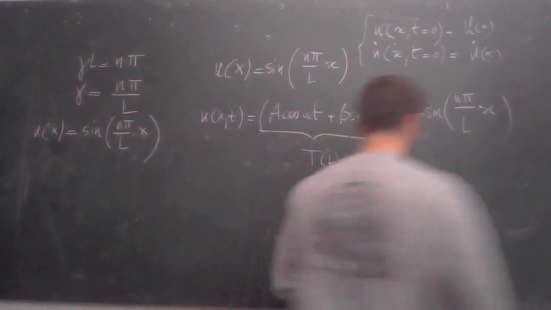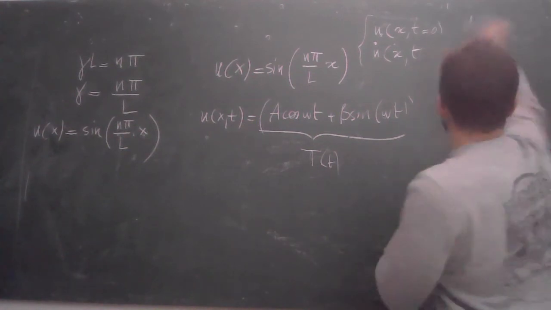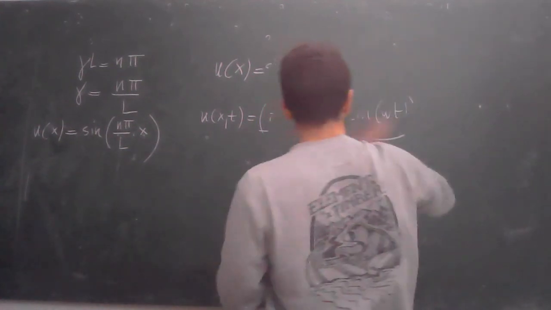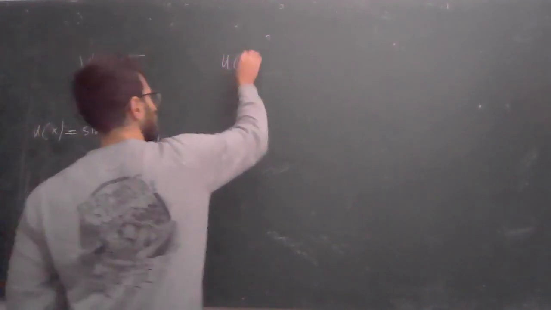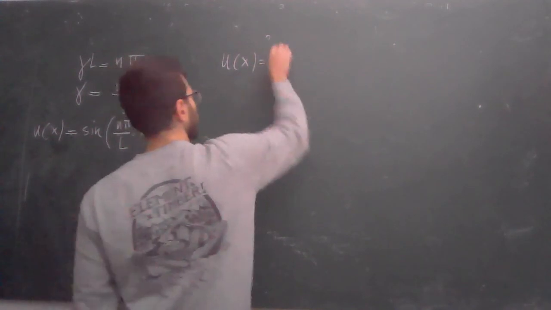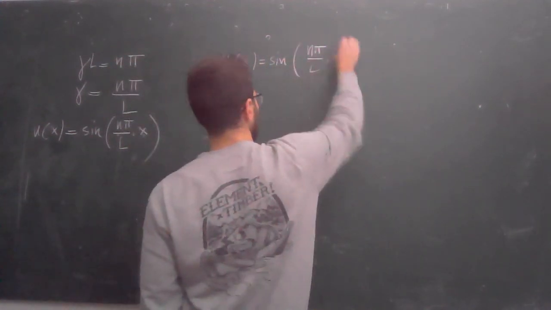So let's go ahead. Let's forget about time and concentrate on the displacement, on the x solution, on u of x. So the equation is u of x is sine of n pi over L times x.